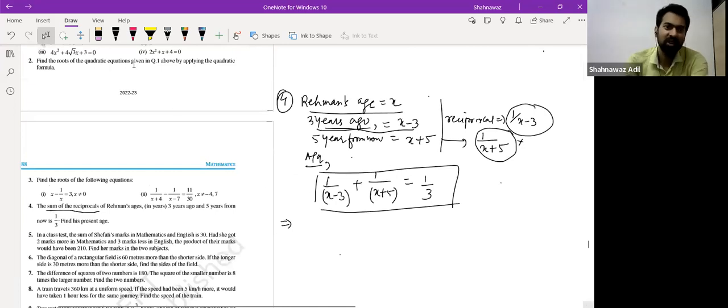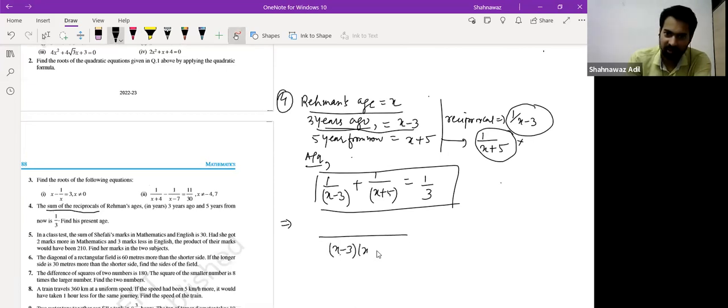So we have to simplify, Talha. This is x minus 3, x plus 5. And this is a plus sign, so we don't have to be careful about the signs.